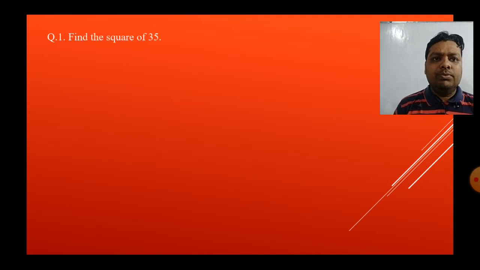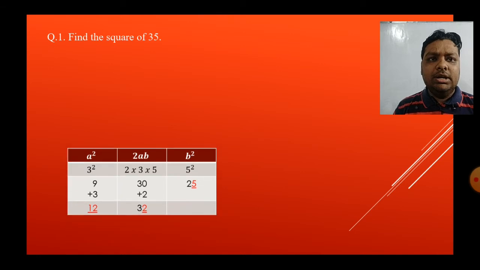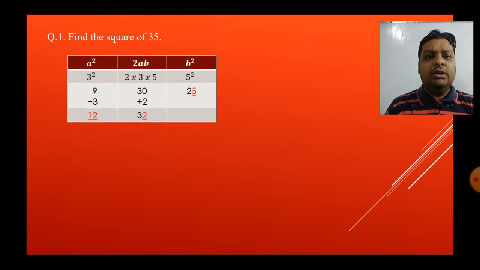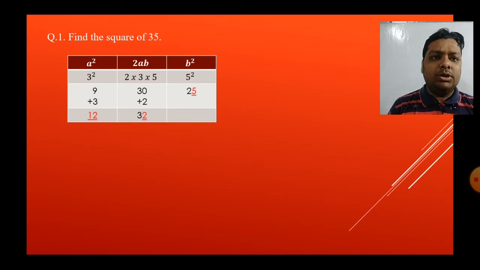If we have to find the square of 35 by using the column method, at first we draw the table like this. In the first column A square, in the middle 2AB, then B square. Here 3 5 means 35, so the value of A we take as 3 and the value of B as 5.